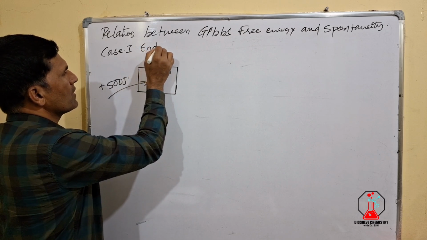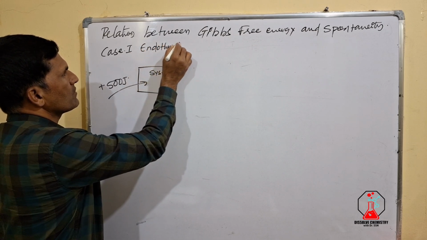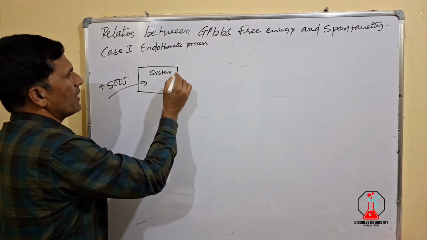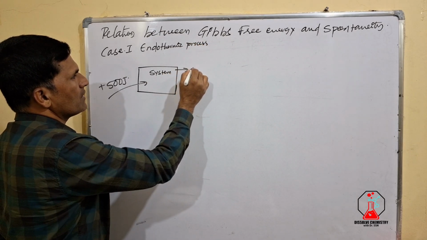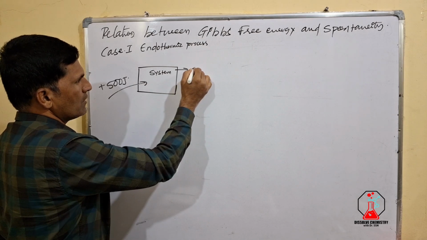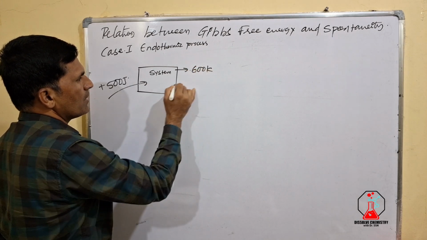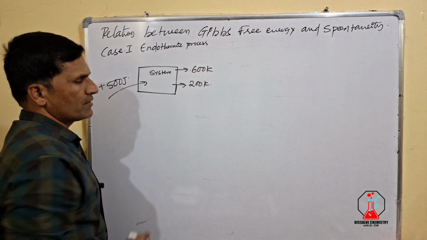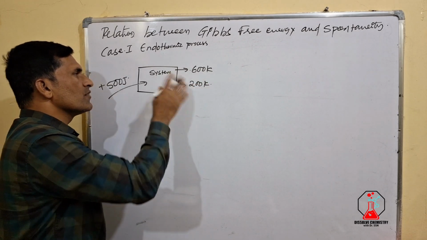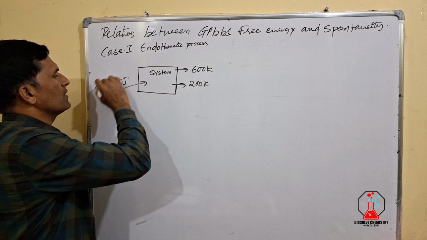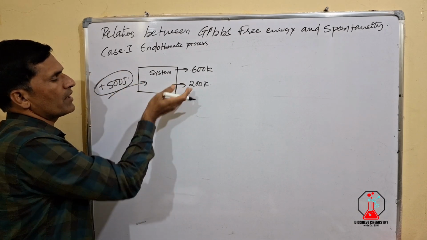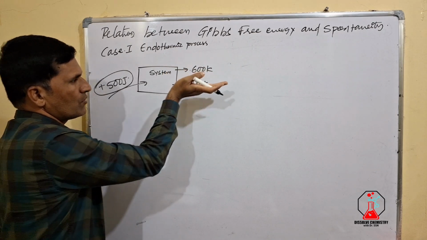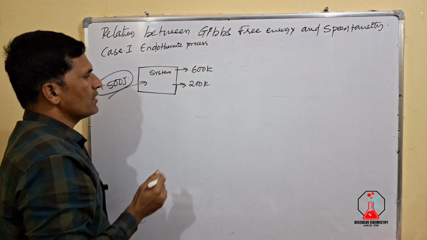That is what we are considering: an endothermic process, under 2 temperature conditions. One we will take as 600 Kelvin, and another as 200 Kelvin. Same system, we assume this much energy is absorbed under both conditions, at 200 Kelvin and 600 Kelvin.